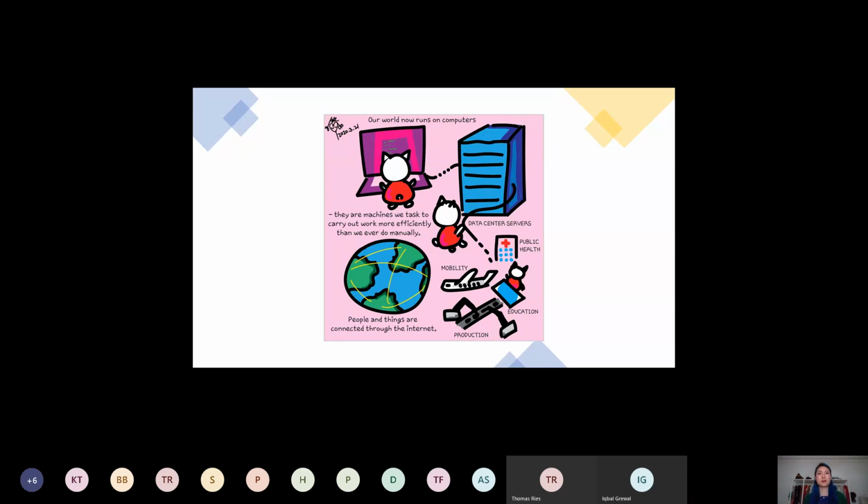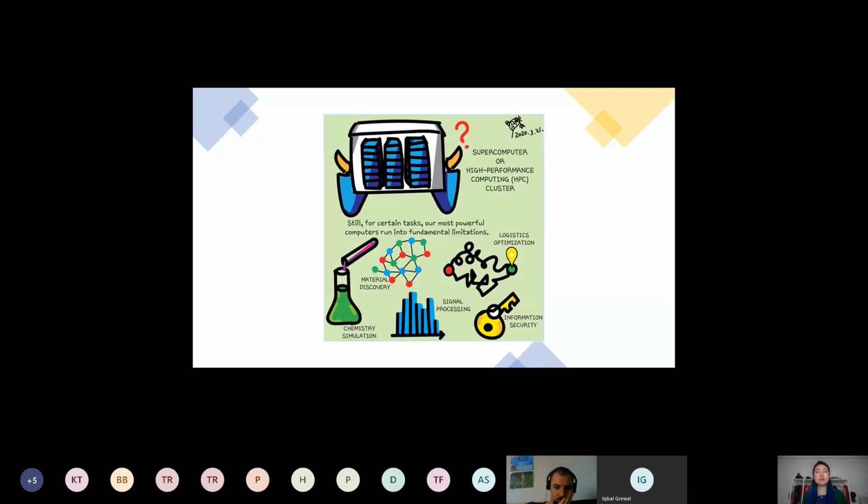Pretty much every industry is using intelligence and high tech. However, there are still some areas that even the most powerful supercomputers cannot solve, or they can solve but run into fundamental limitations.